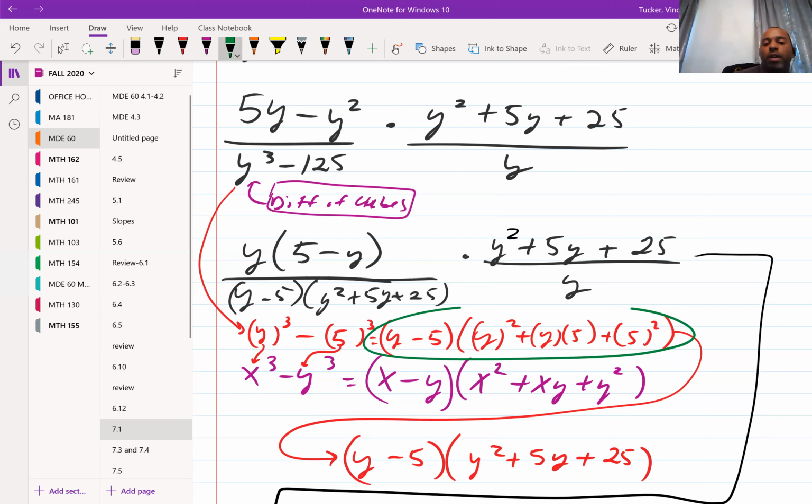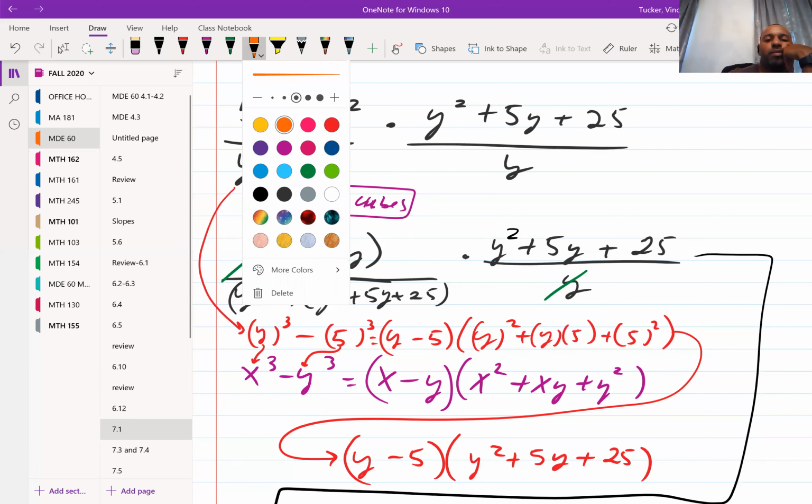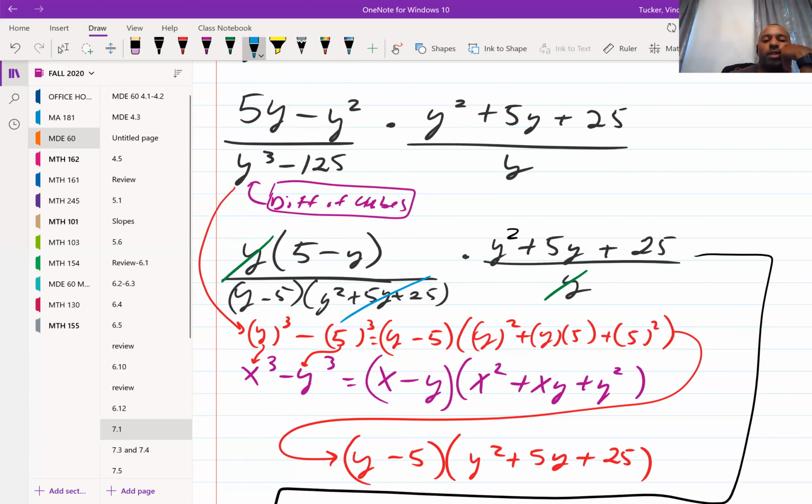The substitution is right here, and this is the final result. From there we can cancel out what they have in common. Y cancels, and then y squared plus 5y plus 25 will cancel.